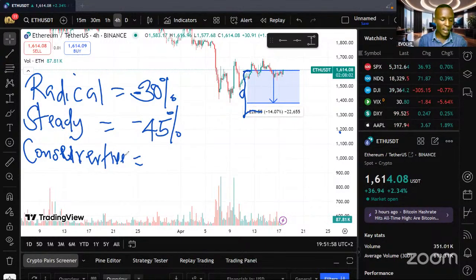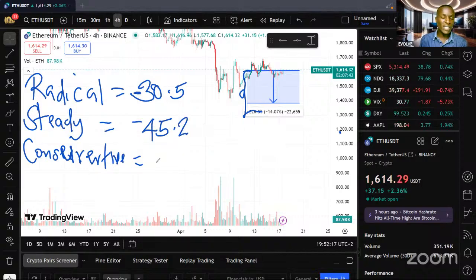In fact, let me put them the way they are. Let me be precise. For radical, it is negative 30.5. For steady, it is negative 45.2.